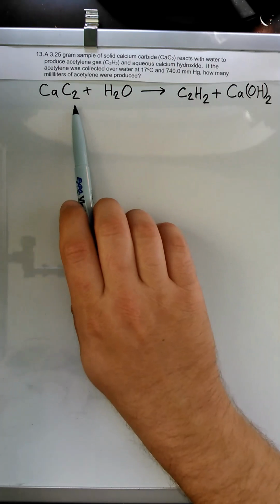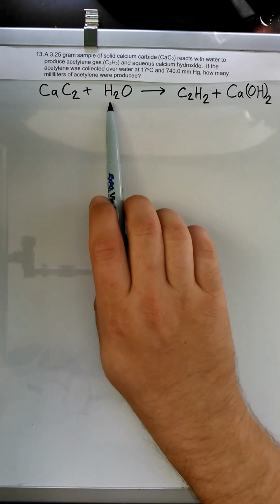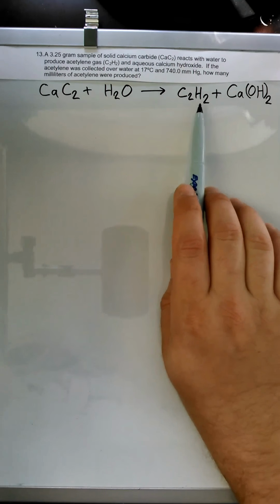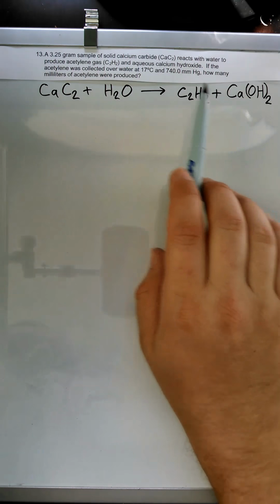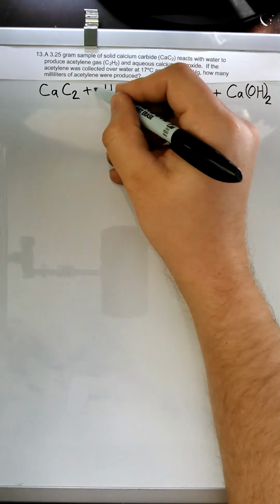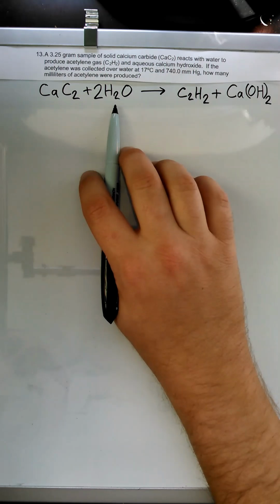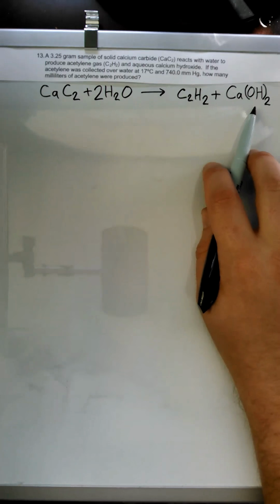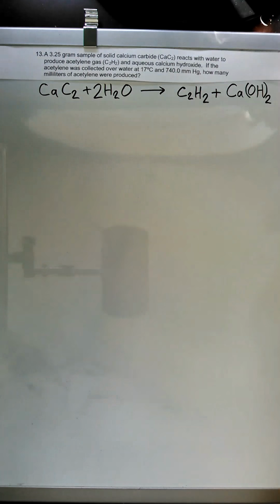We have 2 carbon on both sides. We have 2 hydrogen reactants, but 2 and 2 makes 4 hydrogen products. So in order to get 4 hydrogen reactants, I would simply put a 2 here. I now have 2 oxygen reactants and 2 oxygen products, 4 hydrogen products, 4 hydrogen reactants. So now my equation is balanced.